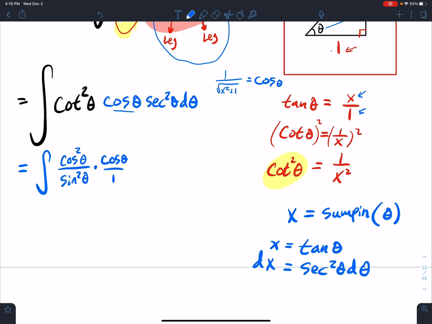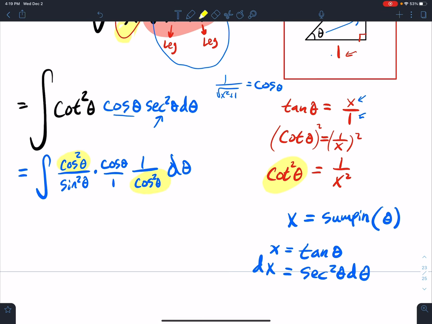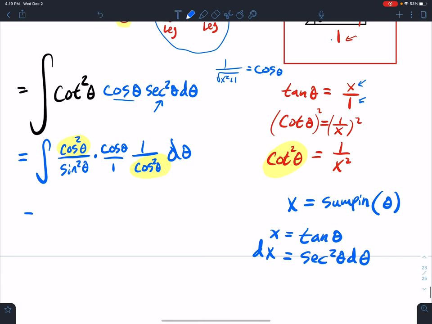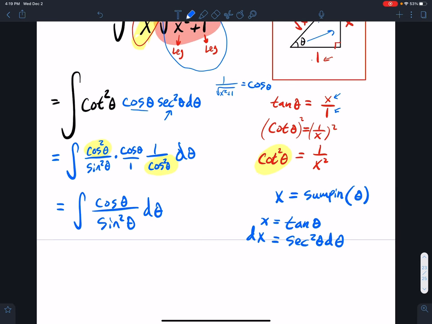Secant is 1 over cosine, so this is cosine squared in the denominator, and then I have my d theta. Guess what? Cosine squareds cancel. So what do I have? I have cosine theta over sine squared theta d theta.